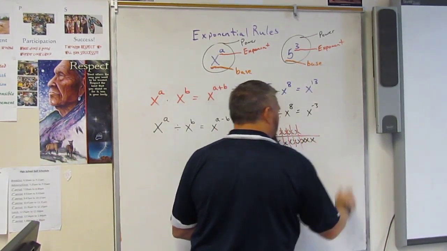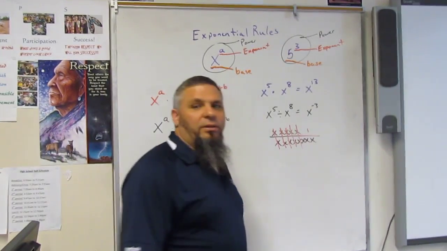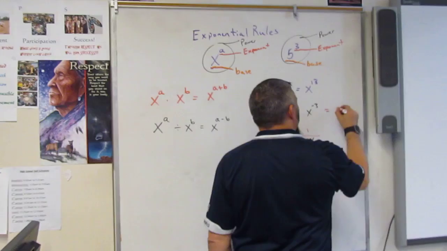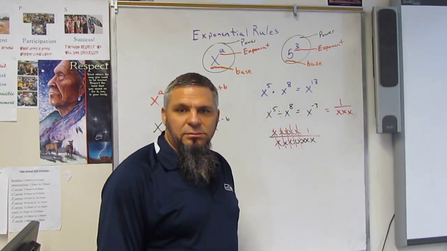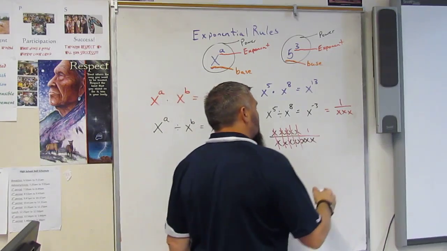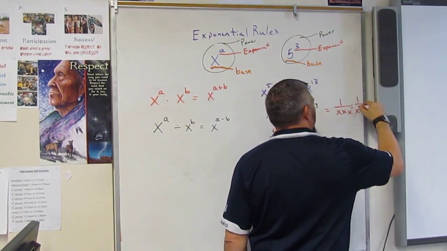How many are left? And where are they? On the bottom. So this equals 1 over x times x times x. Which is 1 over x to the 3. Right?